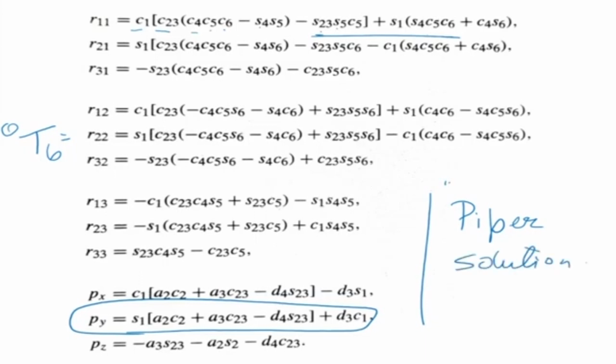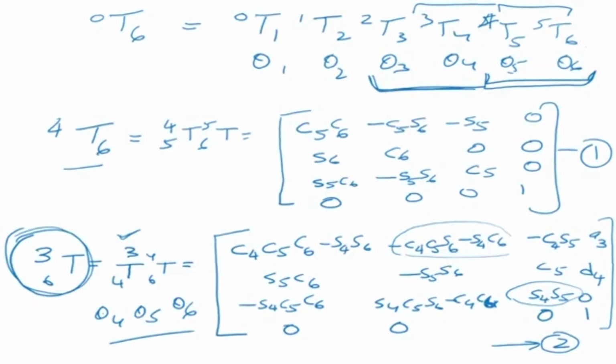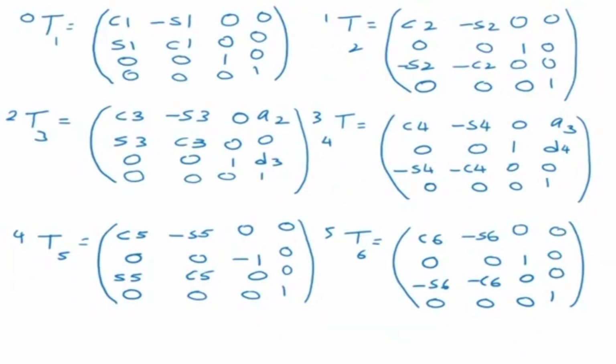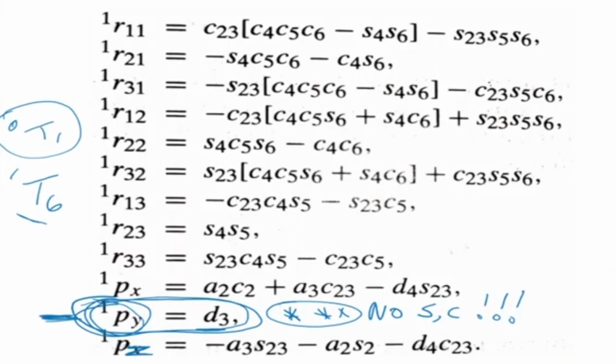Piper's solution essentially says that you write the equation in such a way that the left hand side and the right hand side have known variables, and then you can try and solve. So we removed 0 to 1 first. Let's look at what we did again.